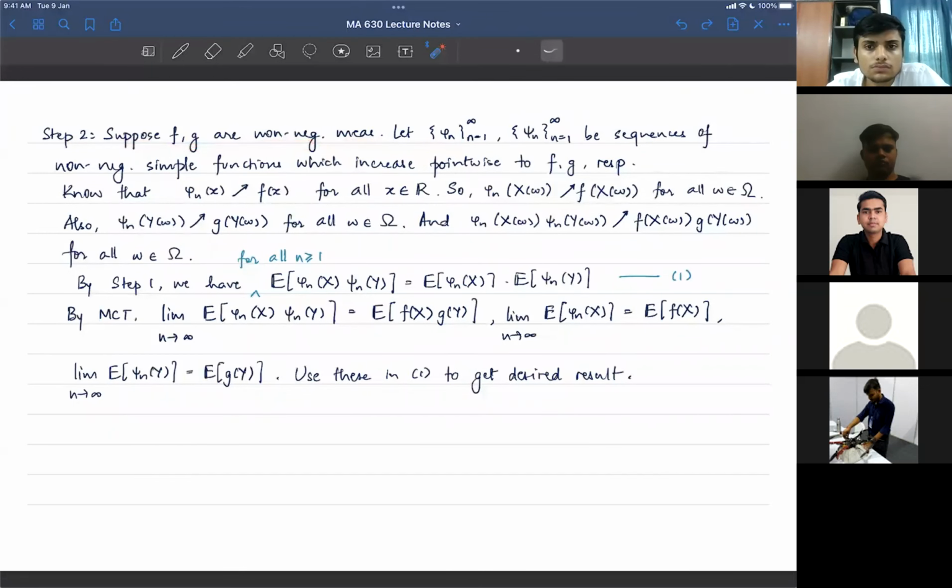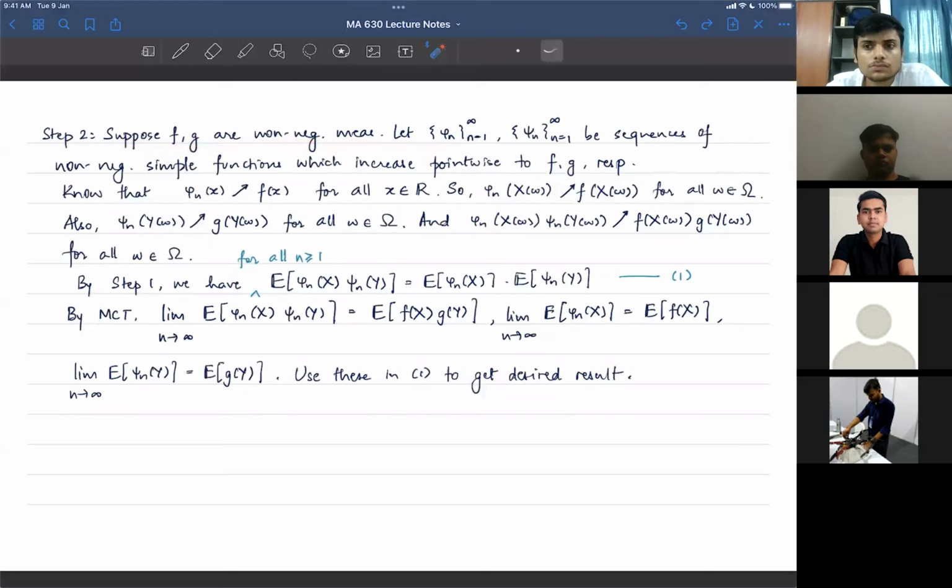Now again, we will use the familiar trick. If I have a non-negative measurable function, I can always find an increasing sequence of simple functions which converges to it pointwise. So suppose phi_n, n going from 1 to infinity, is a sequence of non-negative simple functions which increases pointwise to f.